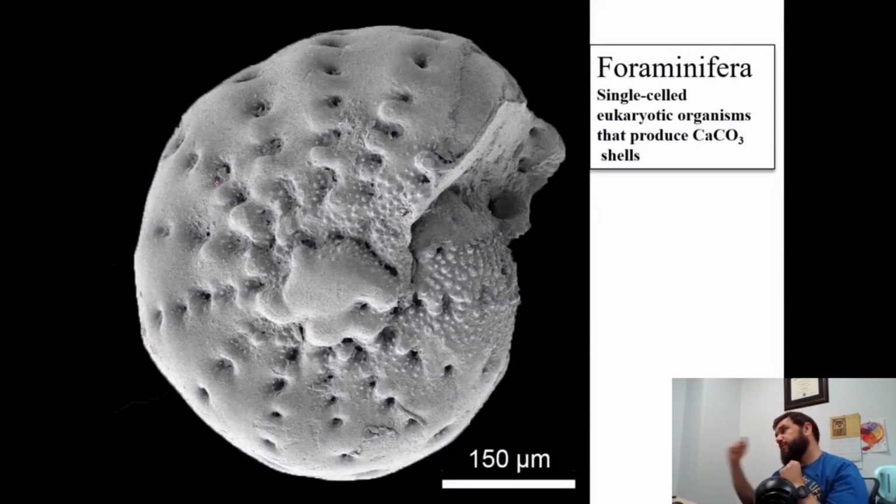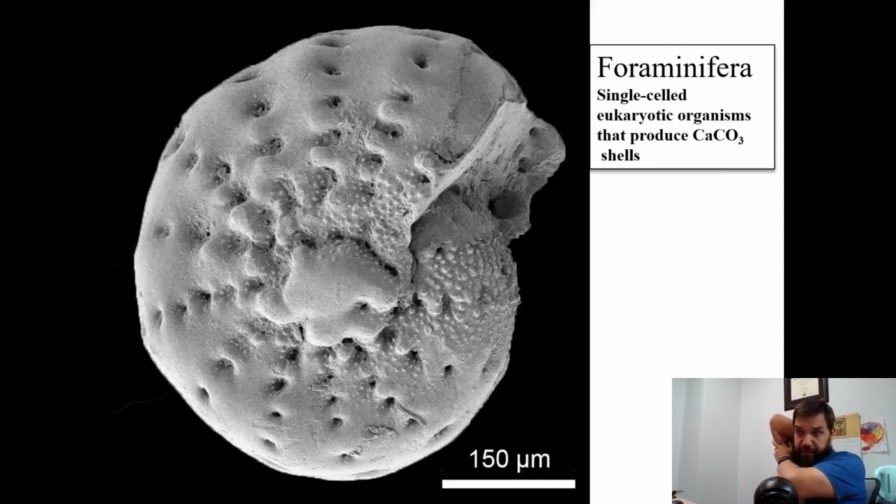Now let's go over some really important types of plankton, because there's a lot of different kinds that you have to be familiar with, and this is an introduction. We're going to talk a lot about plankton in this class. It's just hugely important. But one type that you have to start getting familiar with is called foraminifera.